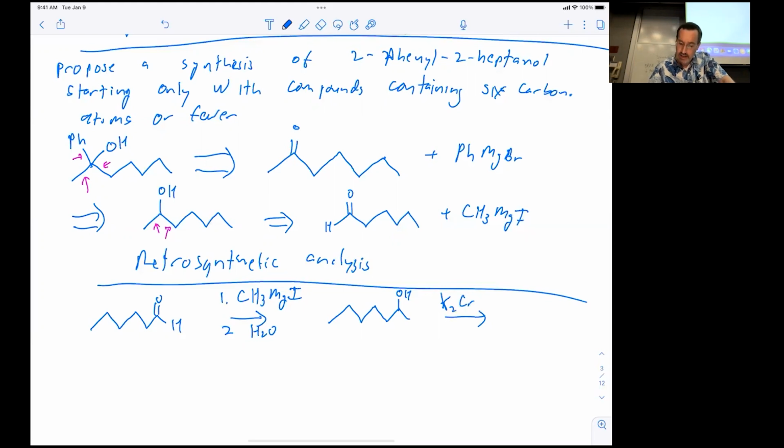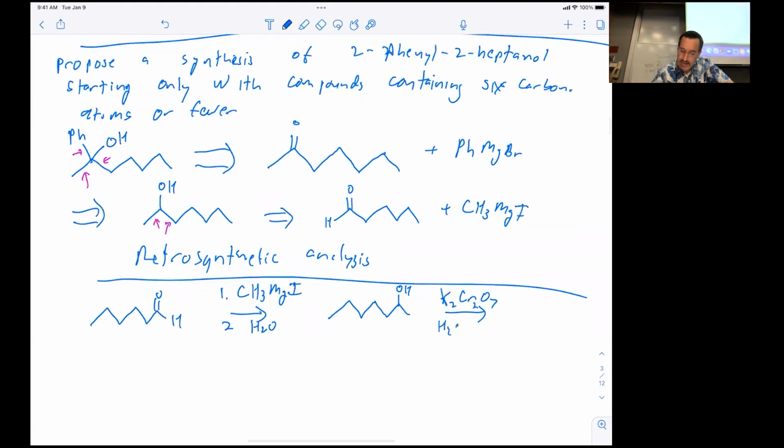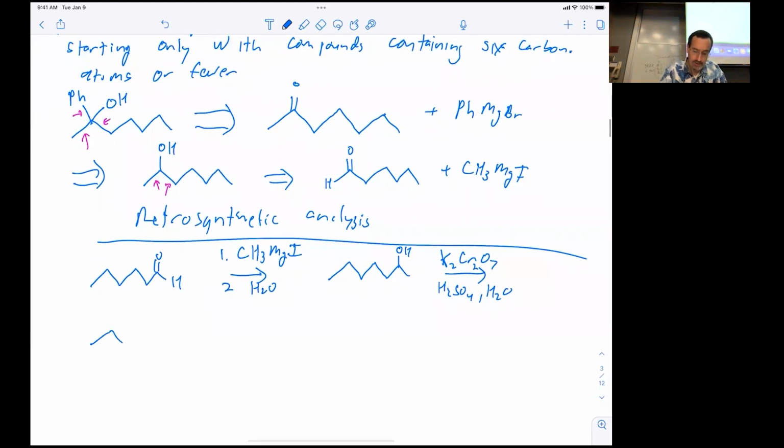Your textbook has a nice treatment of oxidations. Potassium dichromate or chromium trioxide, CrO3, in sulfuric acid and water is a good way to carry out this oxidation reaction. And by good, I mean good but.